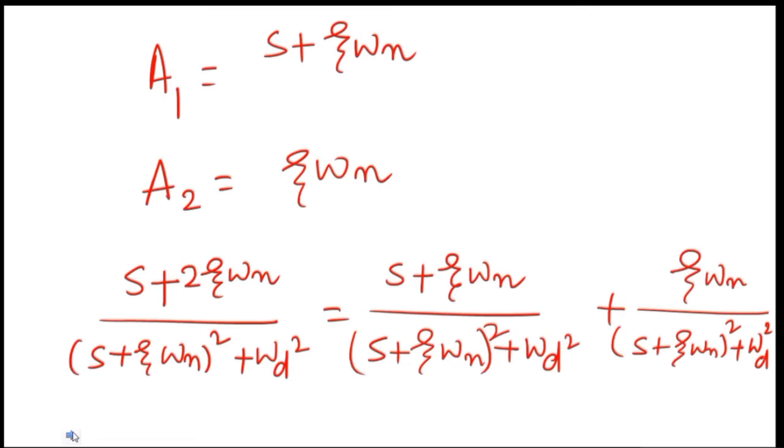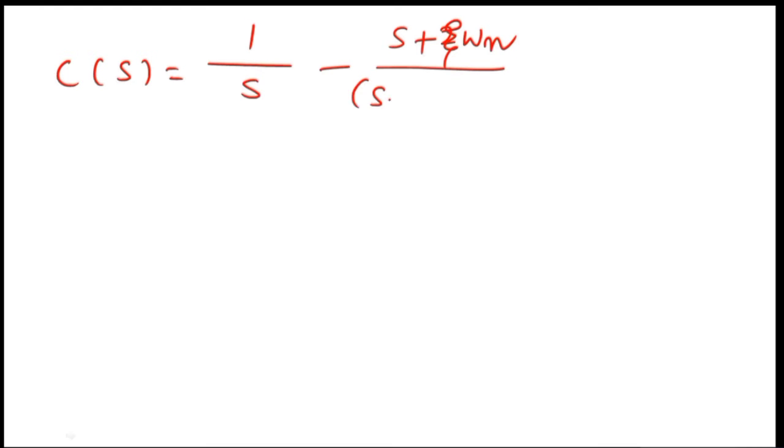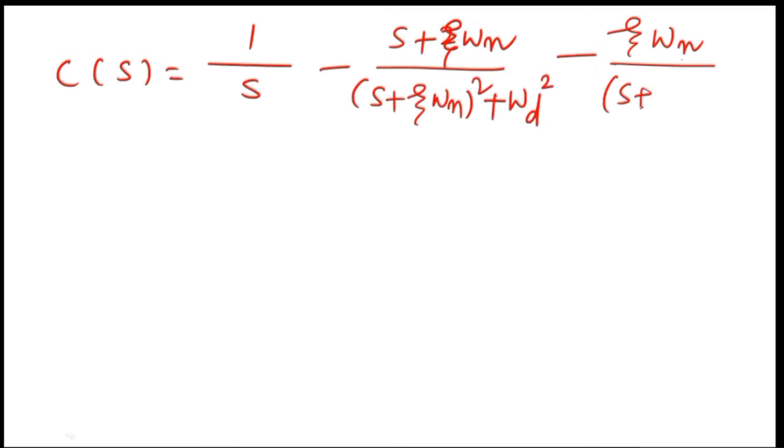So the value of C of s is equal to 1 by s minus s plus zeta omega n by s plus zeta omega n whole square plus omega d square, minus zeta omega n by s plus zeta omega n whole square plus omega d square.